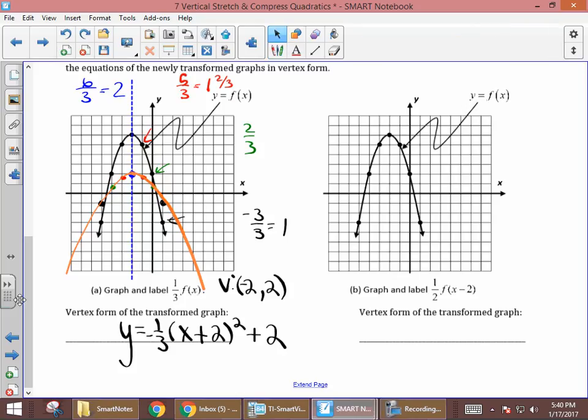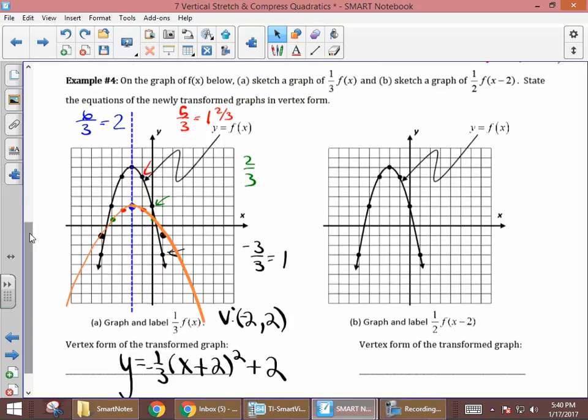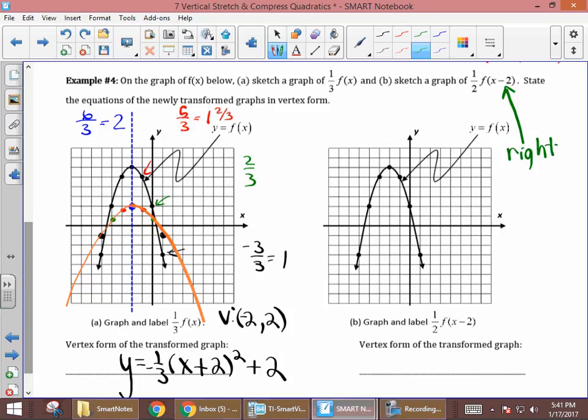And finally, the last one. This one's got a little bit more oomph to it, because it wants us to not just change the y values, but for the first time today, we have a change on the inside. It says -2, which is telling us that we are going to go right 2 units.